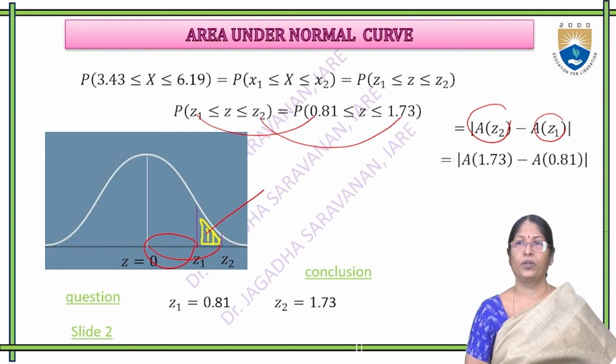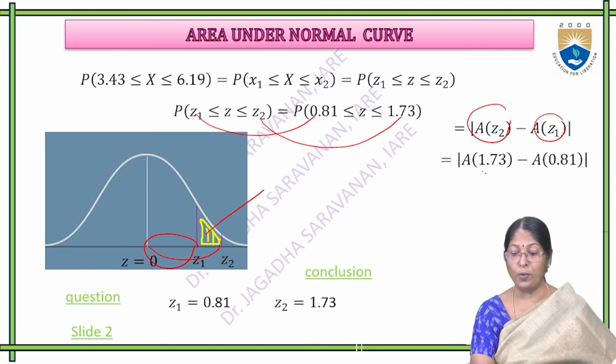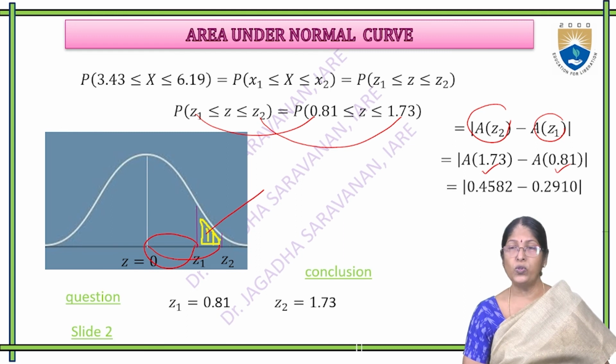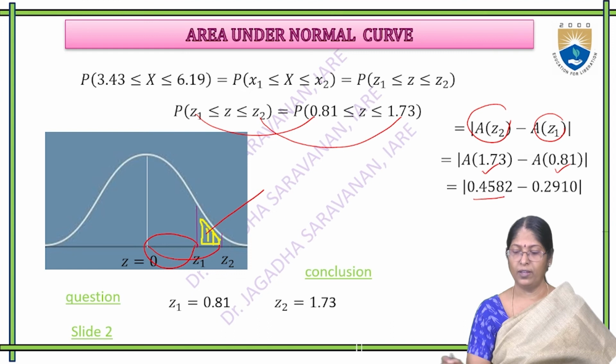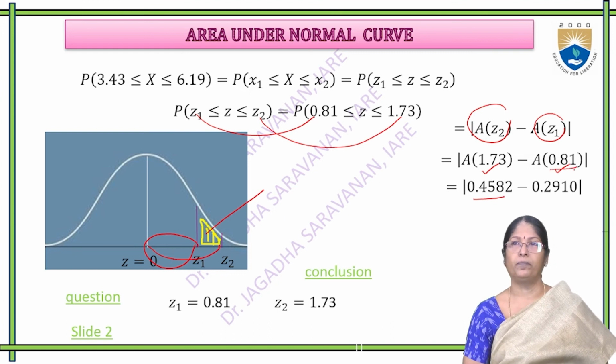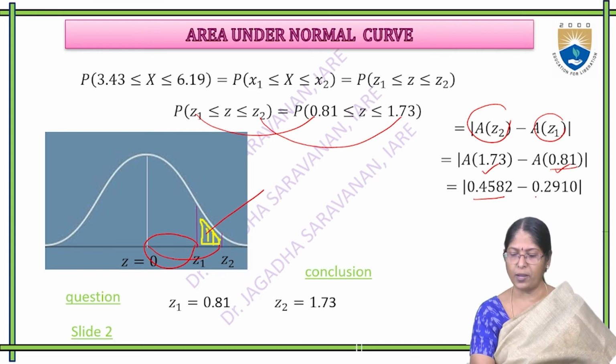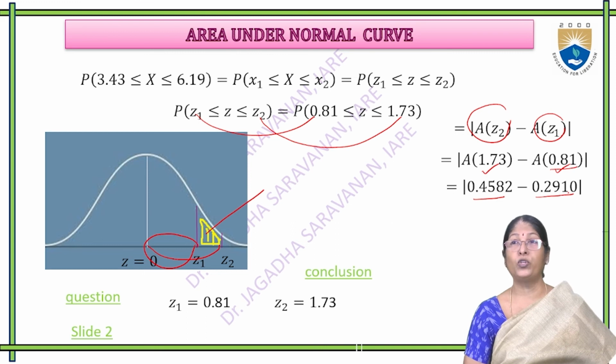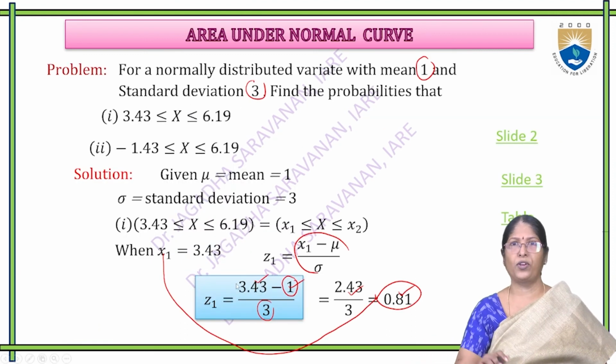Our Z2, using the change of scale, is 1.73, and Z1 is 0.81. Using the normal distribution table, the result is 0.4582 minus the area at 0.81. Using the table, we obtained 0.2910. So the modulus of this subtraction is 0.1672. This is the question we are discussing.